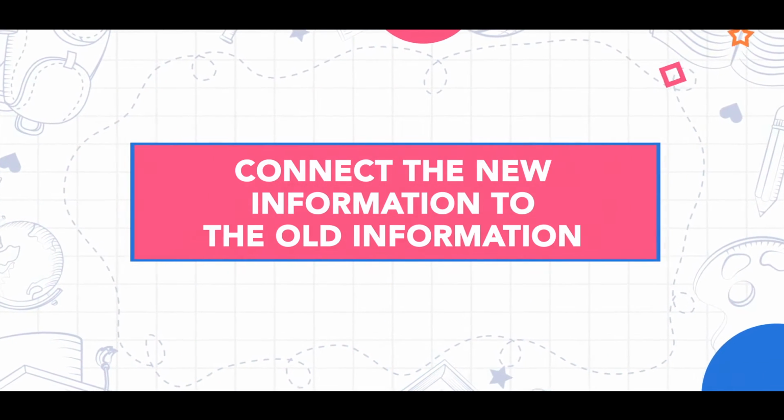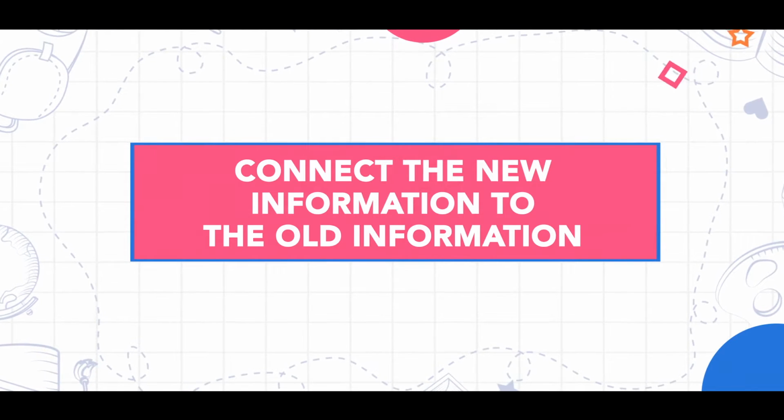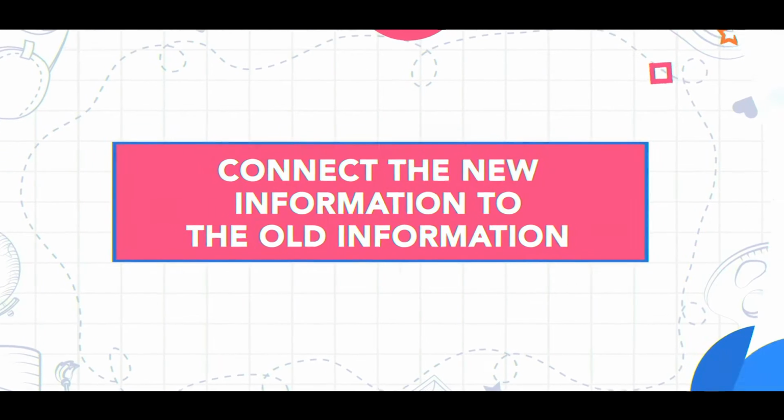Next one is connecting to the information the child already knows. For example, if the child is learning photosynthesis, almost all young kids know that plants require sunlight. That's why we grow them in balconies or outside. Then they know we have to water the plants. So they already know about sunlight and about water.